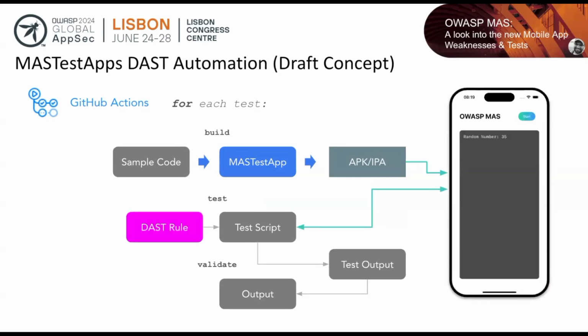If we go to the next slide, you see we also would like to do this even for DAST. So this means same thing, we create the APK and IPA with the sample code out of the test cases with our iOS and Android dummy app. Then this should be installed into a virtualized device. The DAST rule can be executed, which could be, for example, some script that is utilizing Frida or frida-trace.